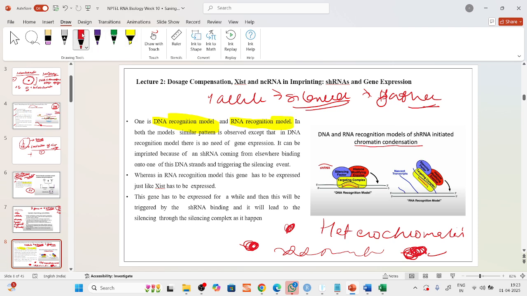So let us try to understand the meaning of this DNA recognition model and RNA recognition model. In both the models, a similar pattern is observed, except that in the DNA recognition model, there is no need of gene expression, obviously, because it's a DNA. Expression of genes happens at DNA level or RNA level?